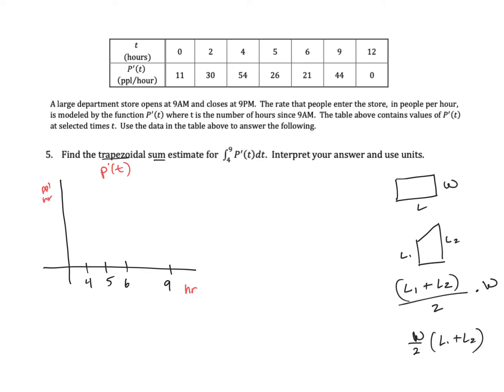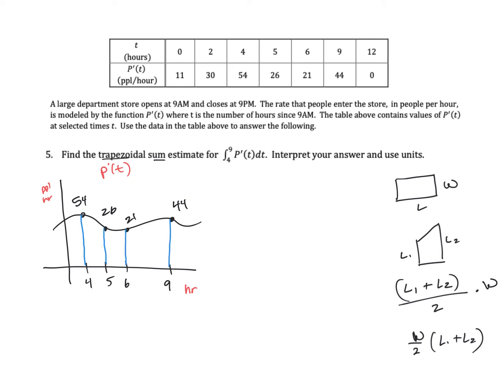All right, again, we're going to make a little sketch. It does not matter, not to scale, we just sketch, and then I'm going to label it. So 4 is 54, and at 5 we have 26. 6 is 21, and then at 9 we're back up to 44. Oh, look at my sketch being kind of accurate. Let's draw the trapezoids in now.